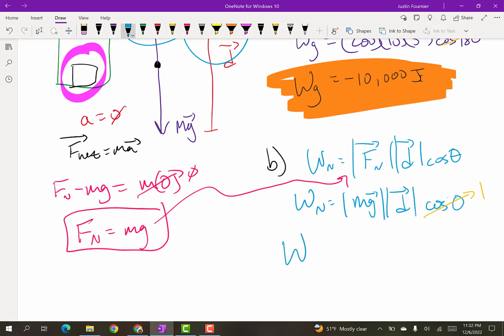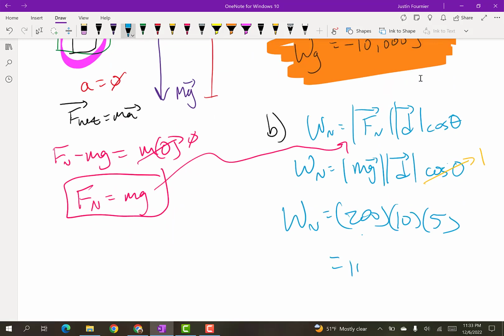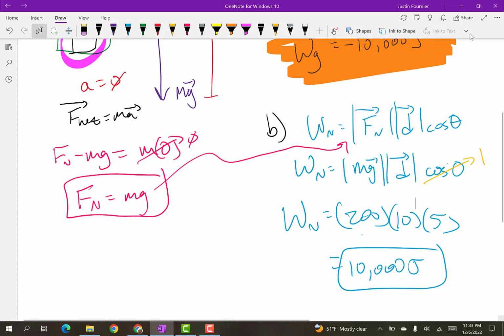So we got the work done by the normal force is the weight, 200, times 10, which is g, and then 5 is the displacement. So once again, we got 10 times 5 times 200, and I think that goes to 10,000 joules, but that's positive 10,000 joules. All right, hope that helped, and see you later. Bye.